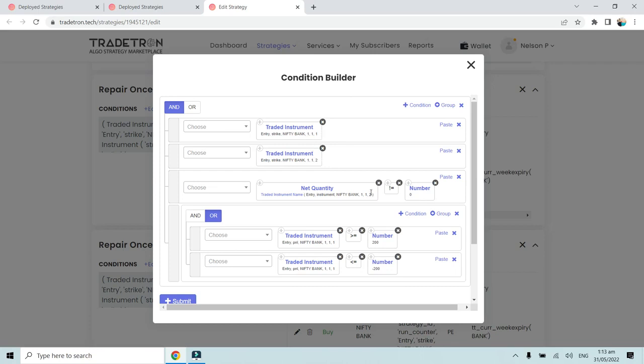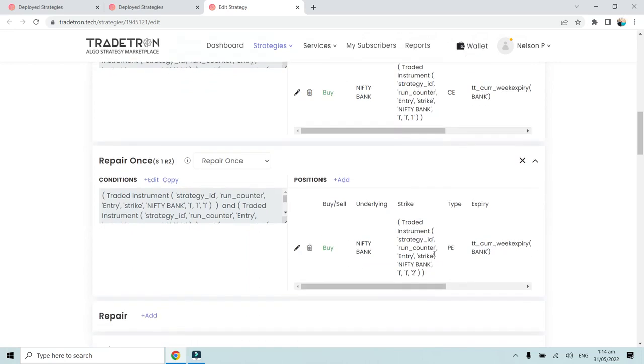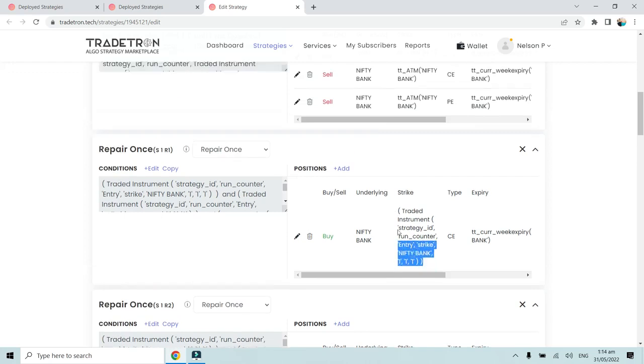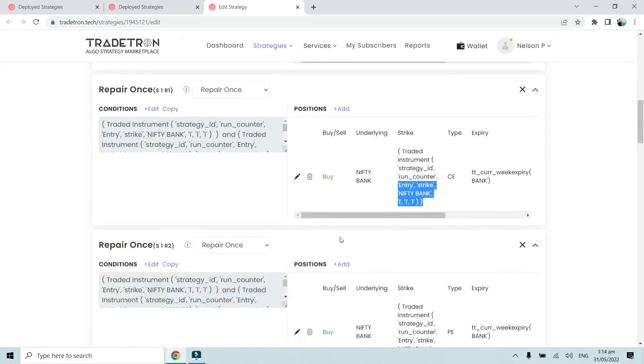Once it is traded and there is an open quantity of put option, we are checking the PNL of only the call leg, that is 111. Either it should be greater than 200 or less than minus 200. Then it will exit the call option.